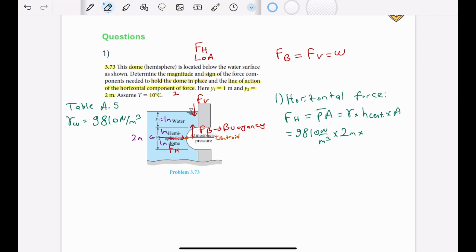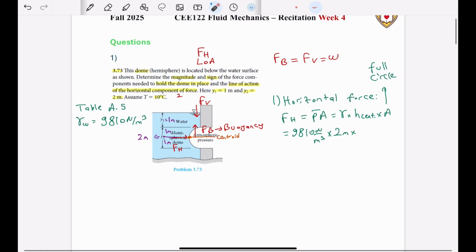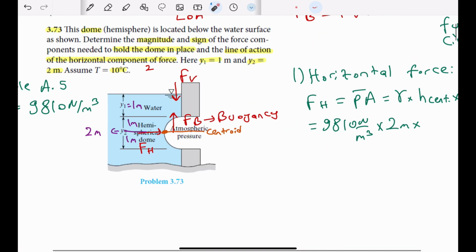And for the area, we need to consider a full circle area instead of half, because here it looks like a half circle, but instead we need to consider a full circle. And to explain that, for example, we can assume that we are standing in front of this circle and we are using a flashlight.